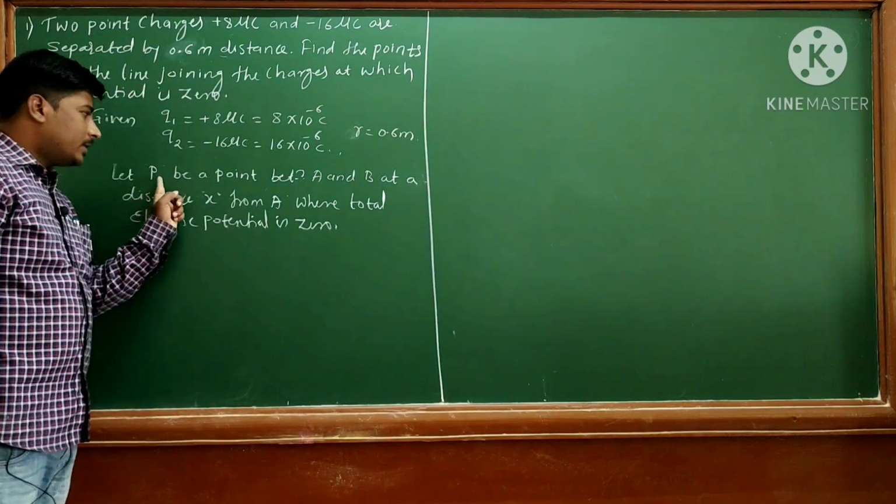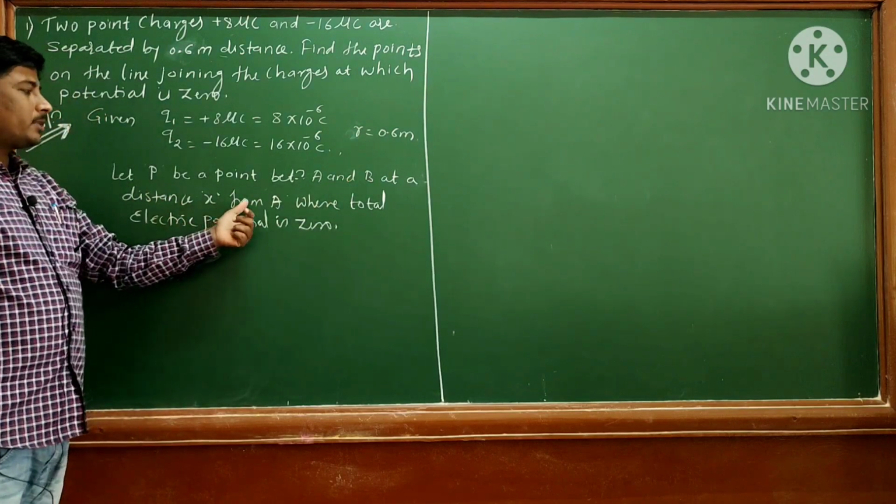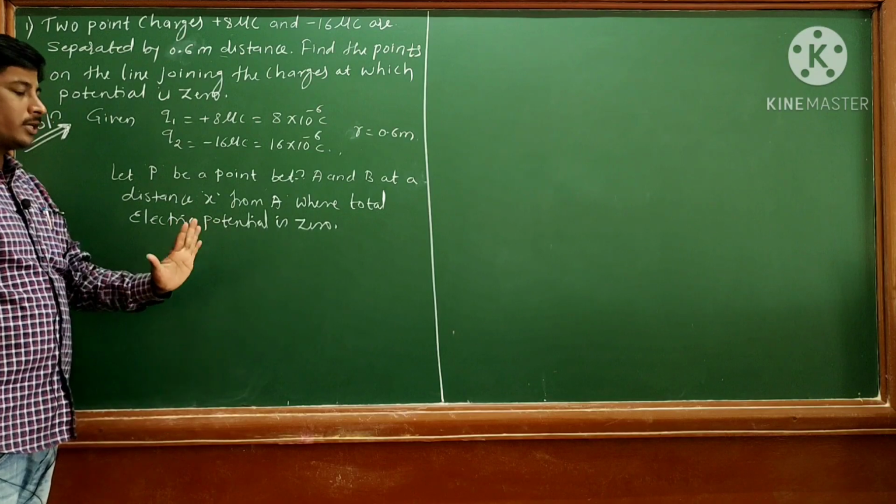Right. Let P be a point between A and B at a distance x from A where the total electric potential is 0.